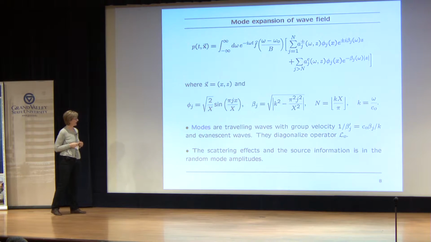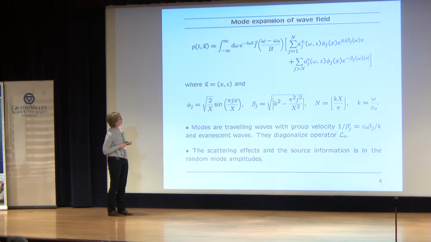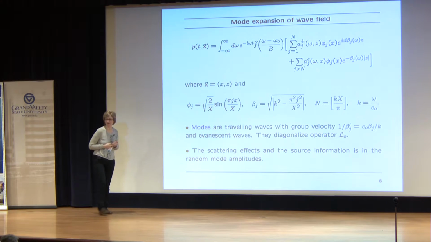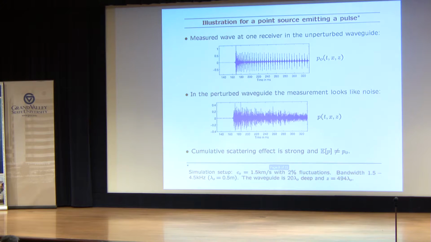The scattering effects and the source information are in the mode amplitudes, which are denoted by this A_j. This is where the effects are. This is the correct setup of the problem, and now our goal is to study these amplitudes.